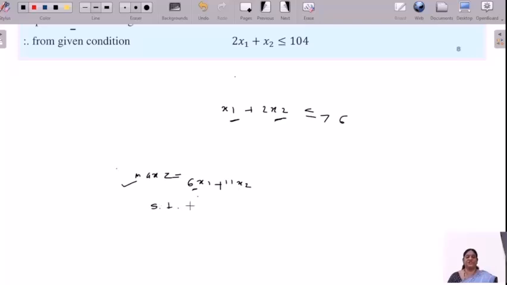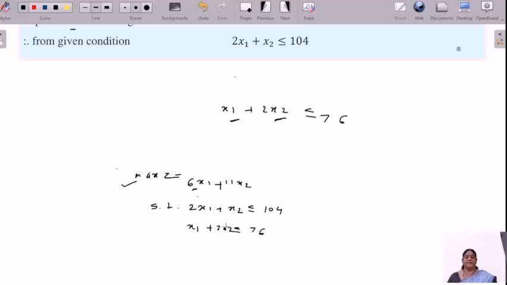Subject to the restrictions: first, 2x1 plus x2 less than or equal to 104, and second, x1 plus 2x2 less than or equal to 76.